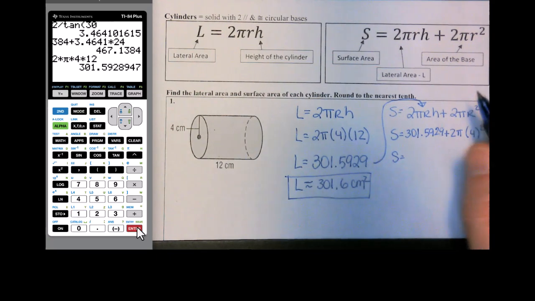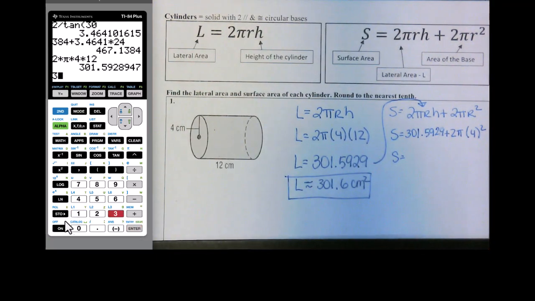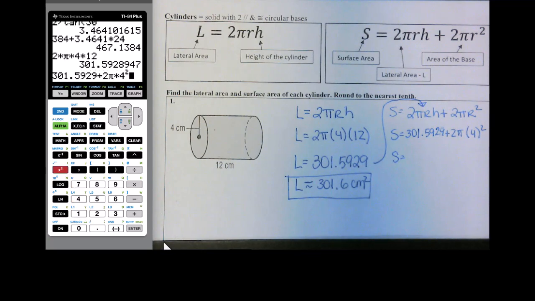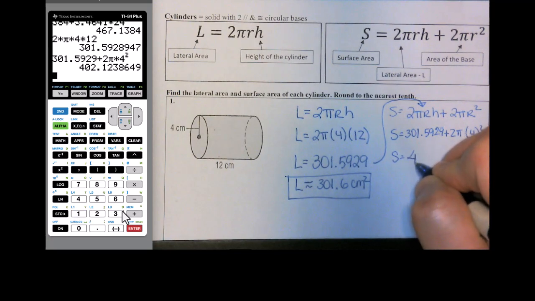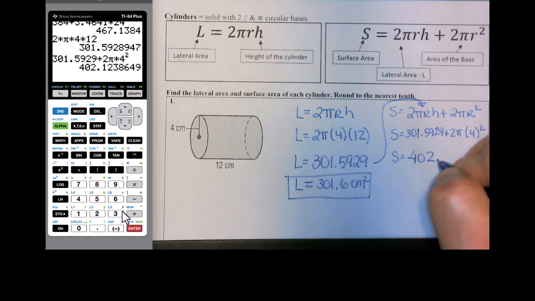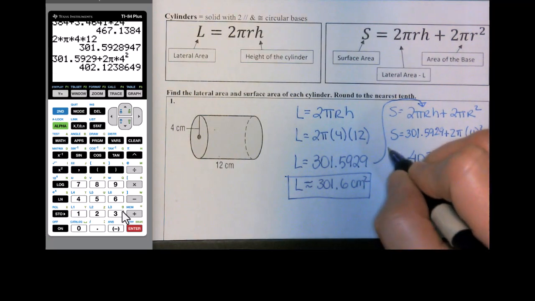So now we're plugging that in the calculator. 301.5929 plus 2 second pi times 4 squared. Press enter, and we get 402.1 centimeters square. Perfect.